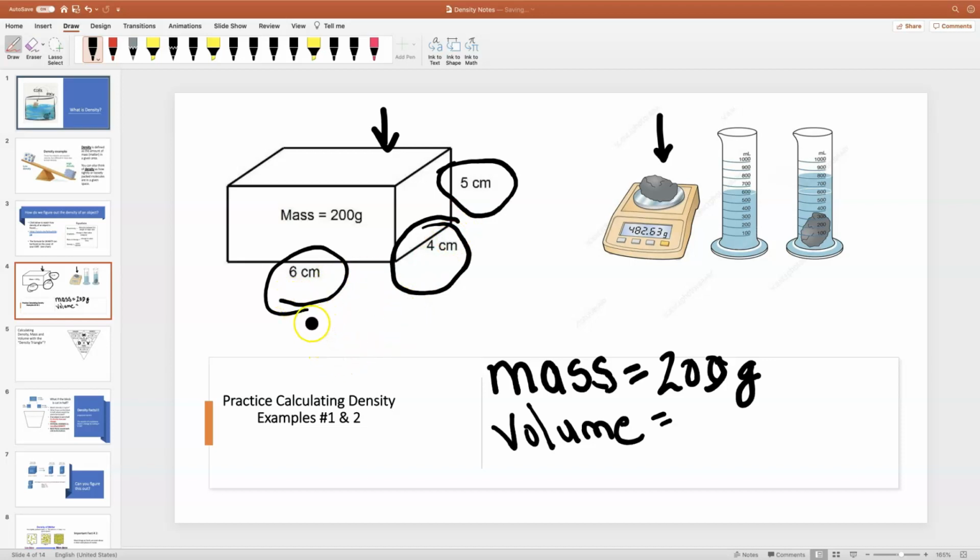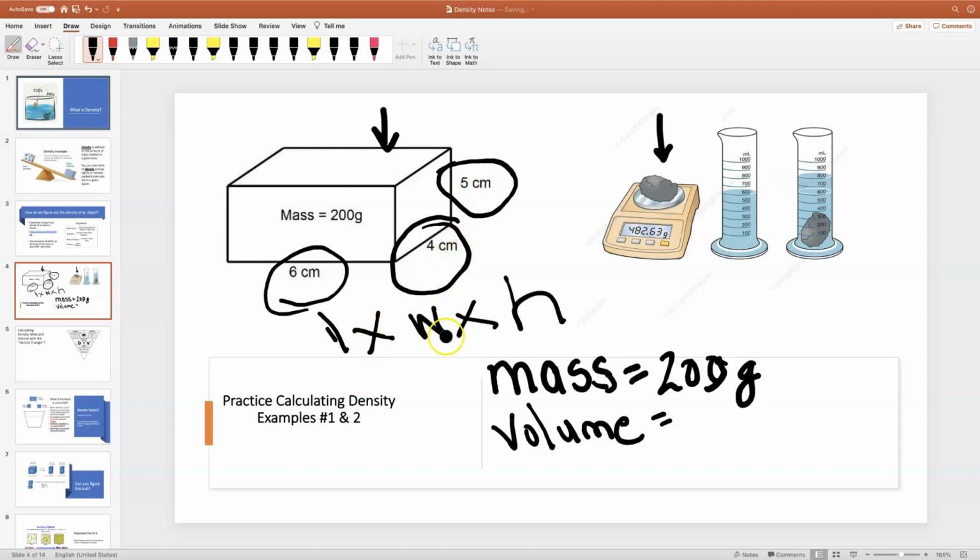Volume is figured out by taking the length, multiplying it by the width, and then multiplying that by the height. So you're expected to do 6 times 4 times 5. Now, 6 times 5, I take the bigger numbers first. You can do it on a calculator, but 6 times 5 equals 30, and 30 times 4 equals 120.